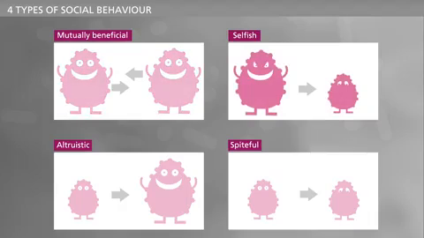A behaviour that reduces the fitness of the actor is altruistic if the recipient benefits, and spiteful if the recipient suffers a loss. It is important to understand the nature of the interaction between actor and recipient, as then we can make very different predictions as to how such a behaviour evolves and is maintained in populations.